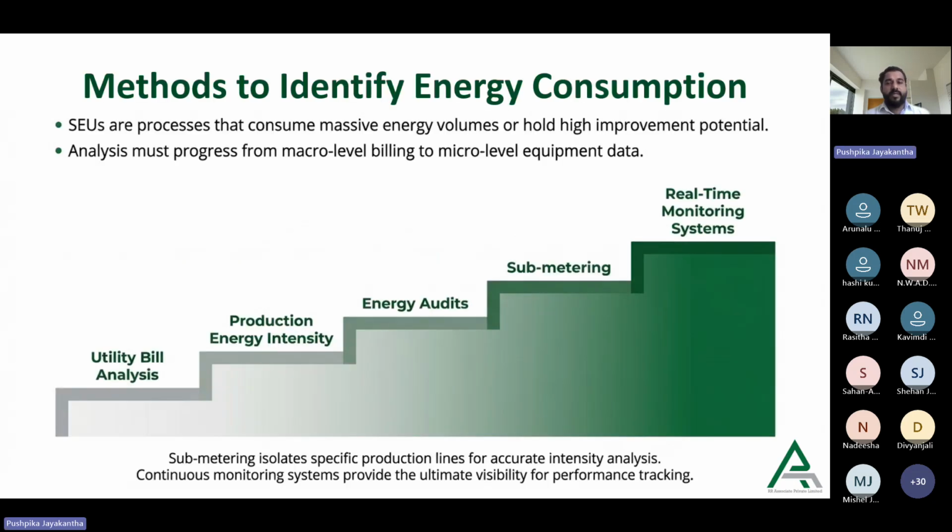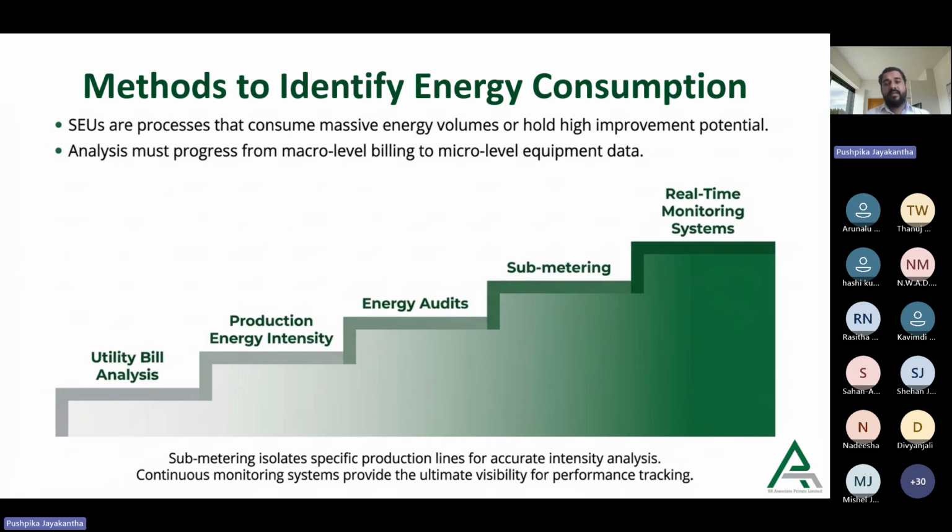So there are several methods we can use for this. Here we consider utility bill analysis, production energy intensity analysis, energy audit, submetering, and real-time monitoring system. Utility bill analysis provides the historical consumption data. So you can start with that one.